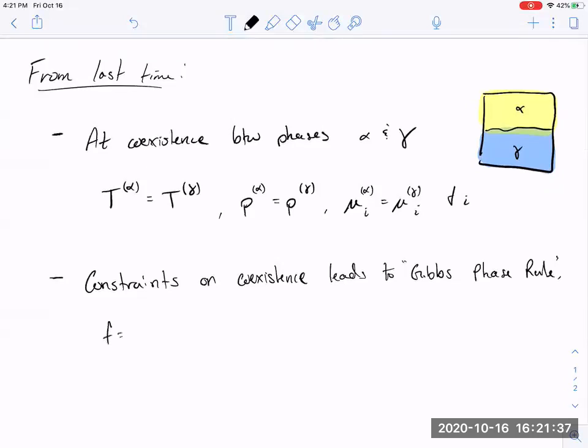We found that the number of independent parameters, call that F, was given by 2 plus the number of components I have minus the number of phases that are at coexistence.